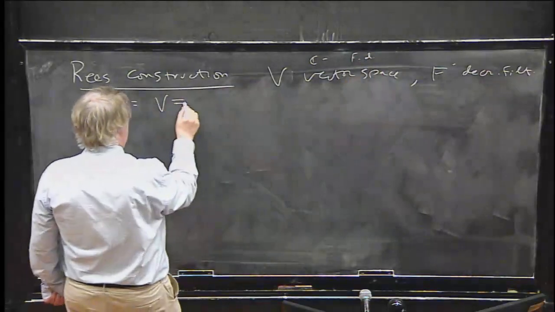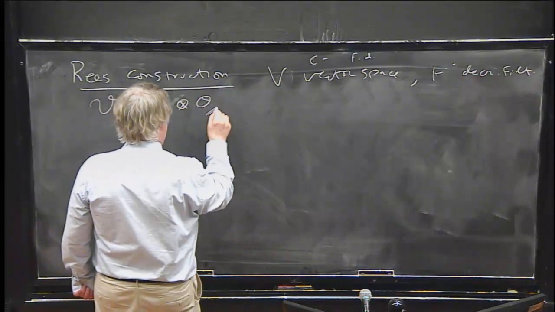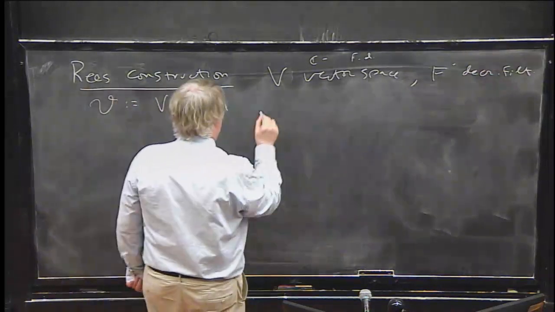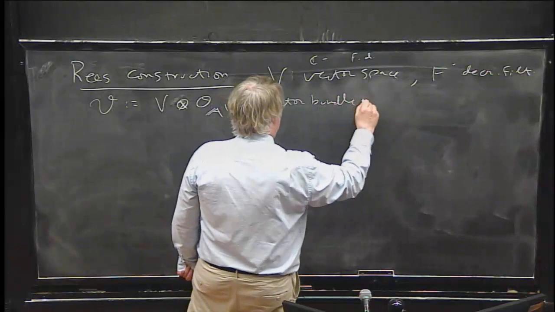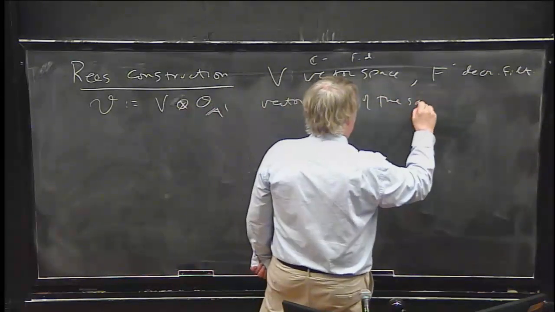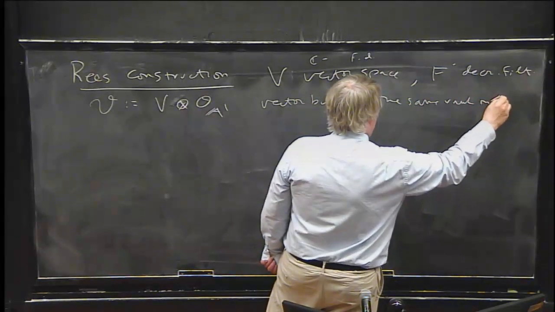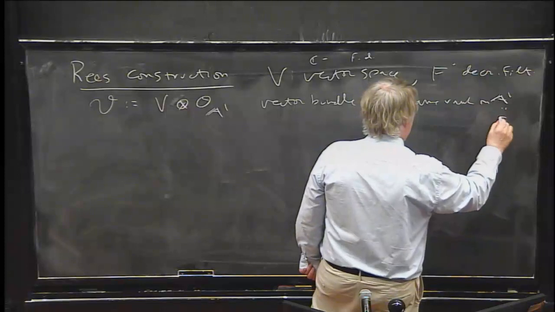Let's take V tensor with O of the affine line. So this is just a vector bundle of the same rank on the affine line, which is just C, in terms of points.